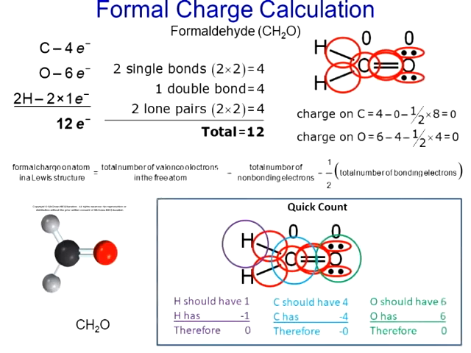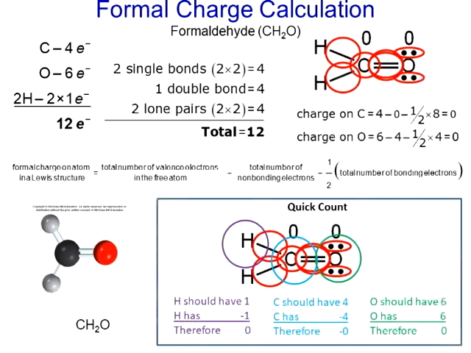Let's take another example. Using this other structure of formaldehyde, we have the same electron count, no change in electron count. However, the distribution of the electrons, the connectivity, does influence the character of the final compound, that is, its electronic characteristics.